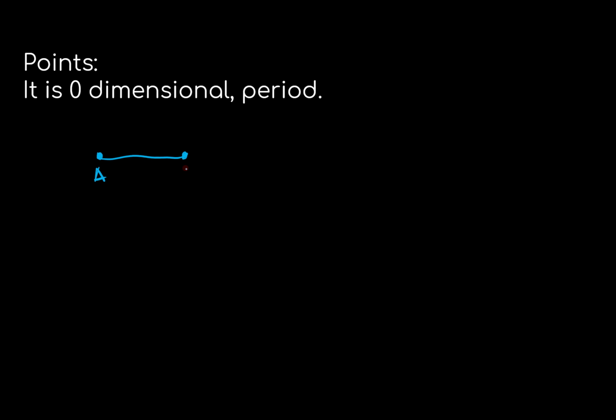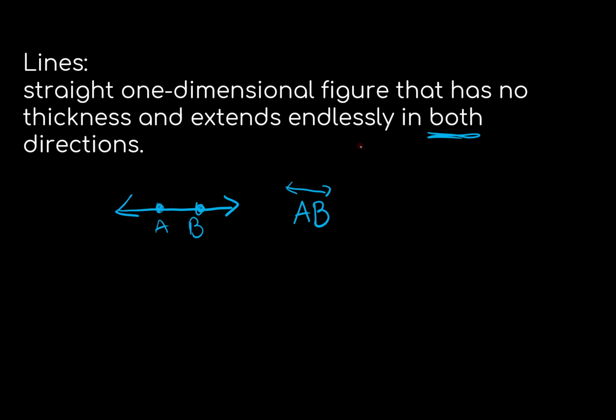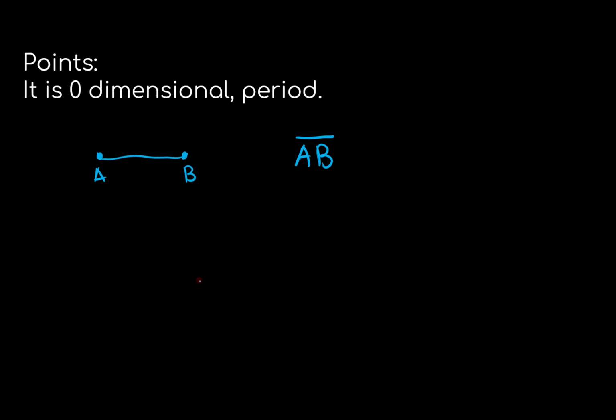So I have here point A and point B. We can name it AB, and if there are no arrows, then it means it is a line segment. Don't confuse this with a line. There are no arrows. It's a line segment. For example, a line has arrows.